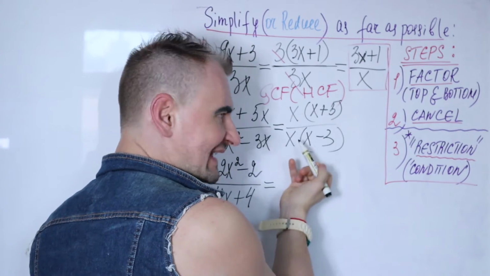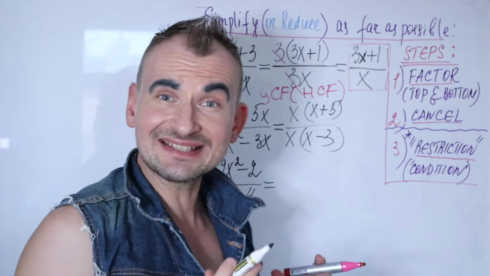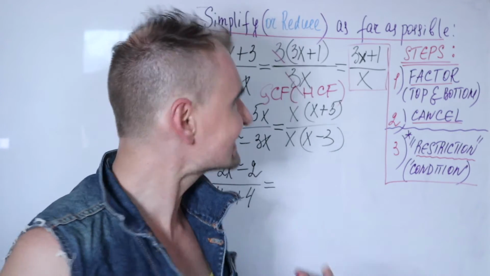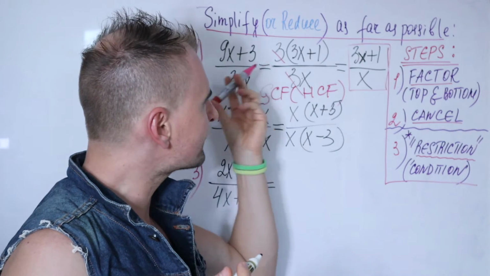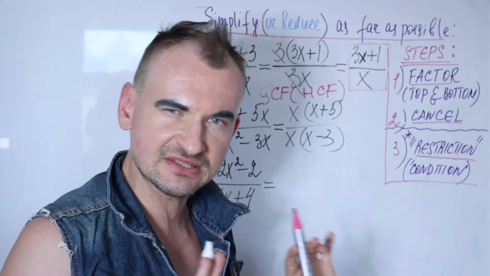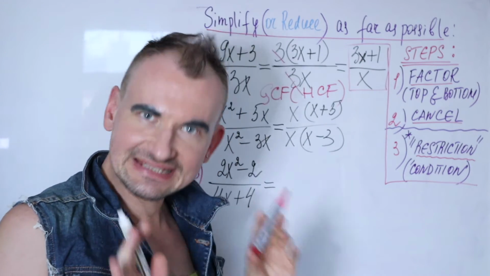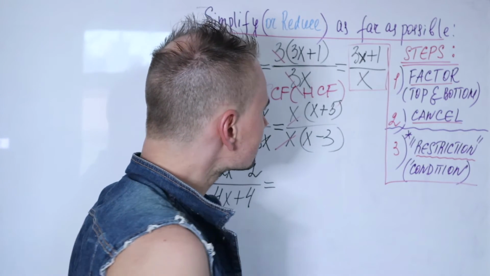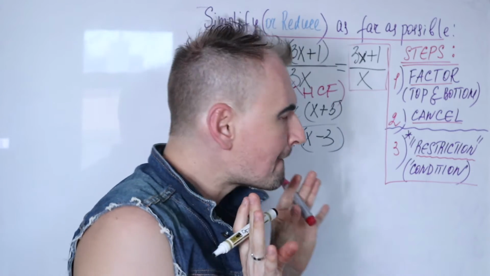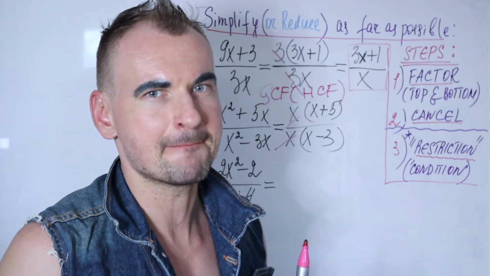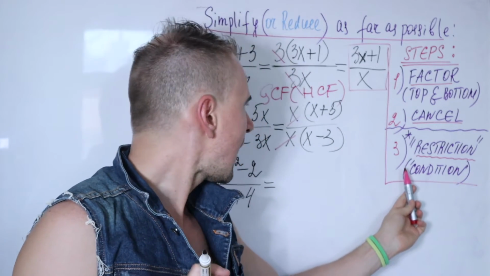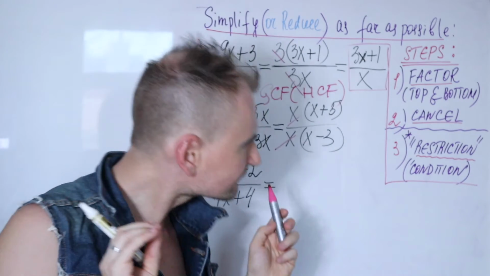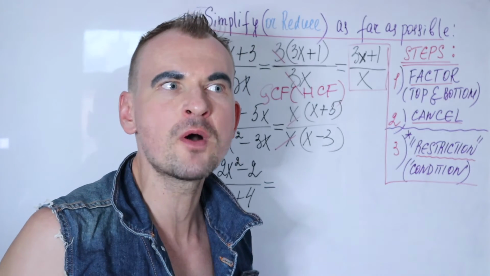Now, you have x and x. Can you cancel x? Yes, you can. It's different from what we did before. Before, we cancelled a number, which is okay. In this case, yes, you can cancel x. But immediately after, I would write the restriction, and we move to the third step that I mentioned before.